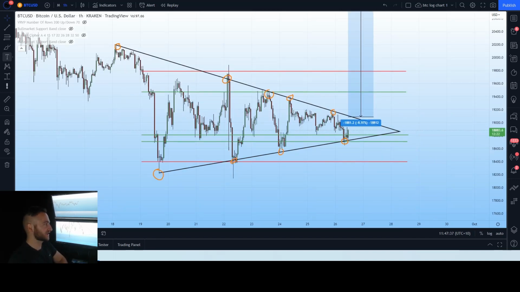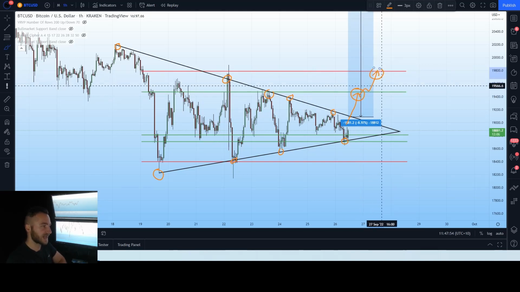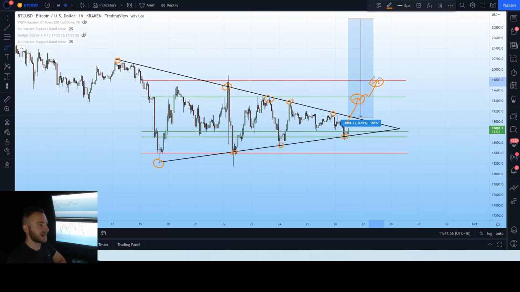So when we break out of these structures, this pressure cooker had a large amount of momentum compelling us upwards, and will generally continue until we meet the next point of resistance. If we break that point of resistance, we then continue to the next one, and so on and so forth. That's generally what happens. And we can say that our measured move target all the way is up at 21,000.